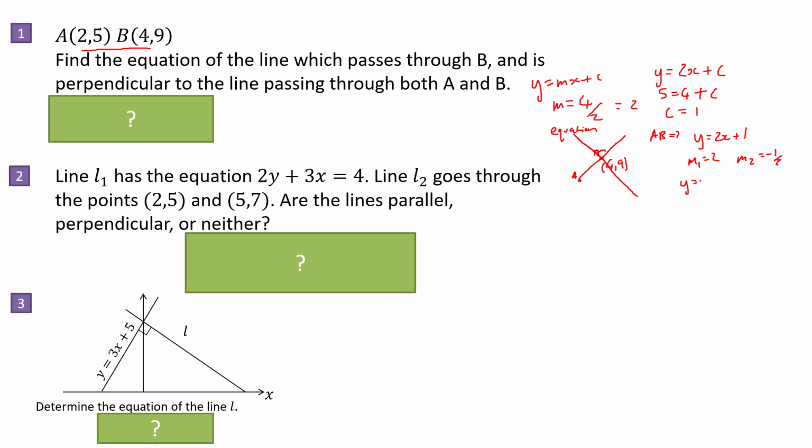So we get y equals minus a half x plus c. Be careful here, it goes through B, so we use the coordinate of B, which is 4, 9. So 9 equals minus 2 plus c, so c equals 11. So that equation is y equals minus a half x plus 11, and that's quite easily done.